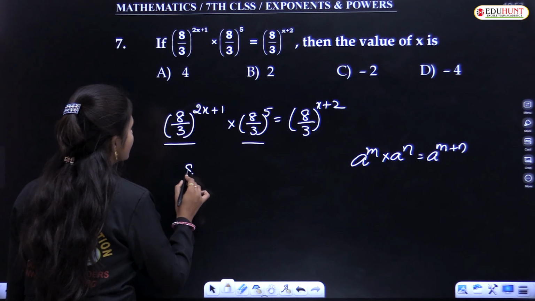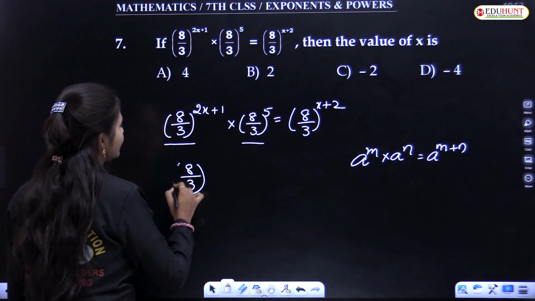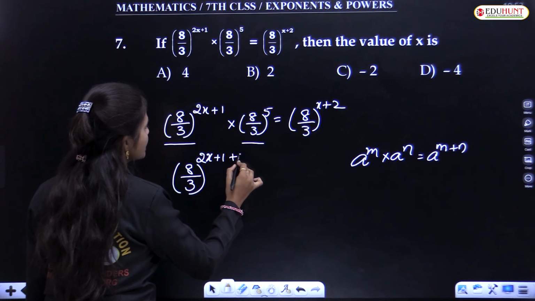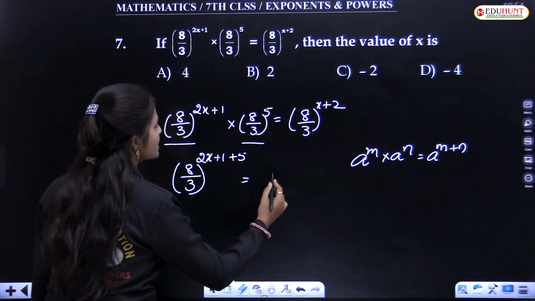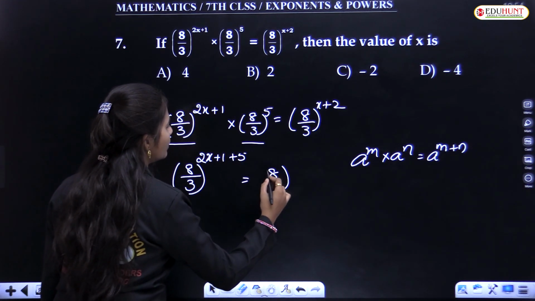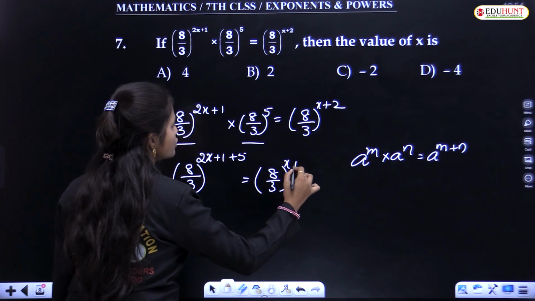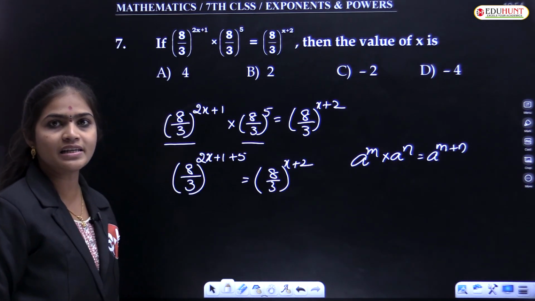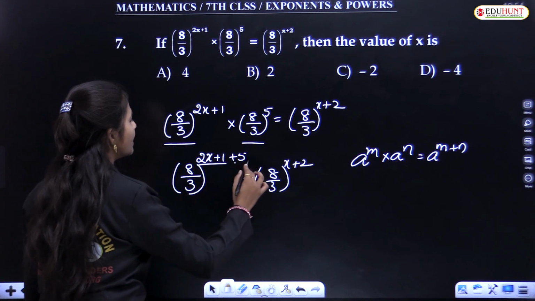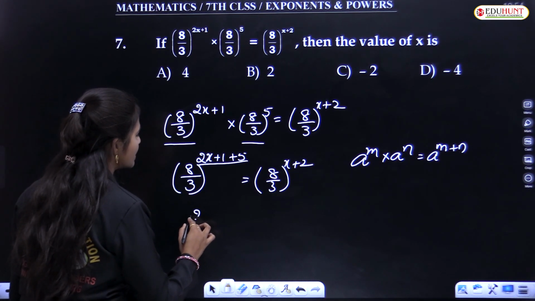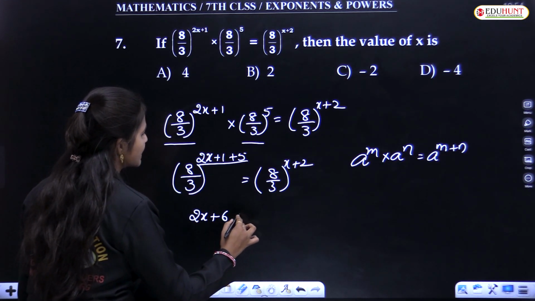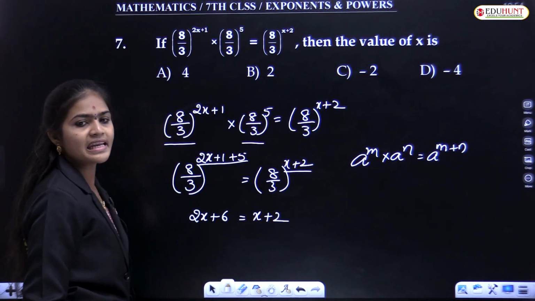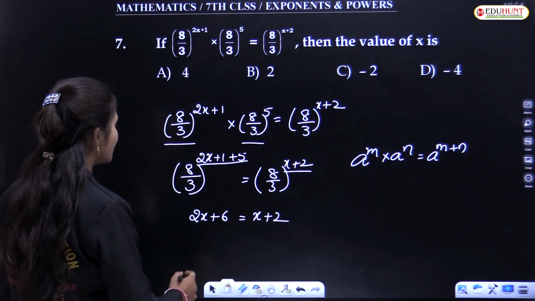So simplify that first. 8 by 3 whole power 2x plus 1 plus 5, which is equals to (8 by 3) whole power x plus 2. Okay, so here as the bases are equal then their exponents must be equal, no? So that's why here 2x plus 1 plus 5 is equals to 2x plus 6, which is equals to x plus 2.